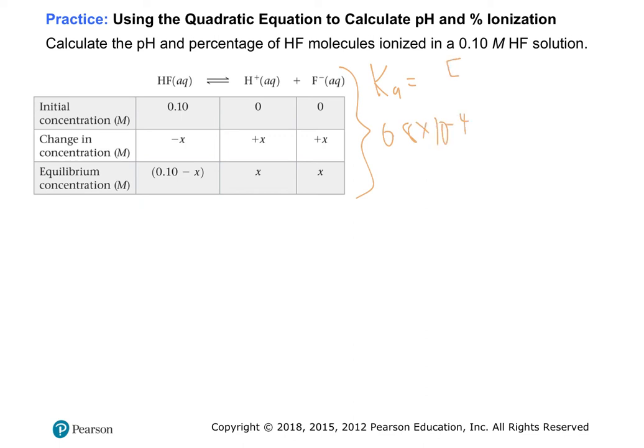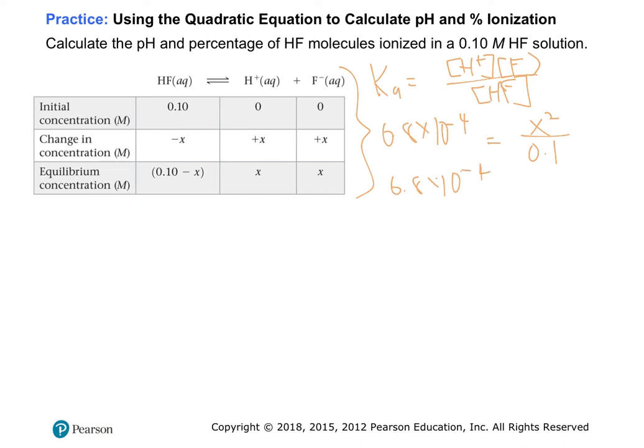So that's going to be our hydrogen concentration times our fluoride concentration divided by the acid. And so when we plug that in, if we make our approximation, we're going to get x squared over 0.1. So if we solve for this, we multiply by 0.1 and then square root it, so we get 6.8 times 10 to the negative 4.